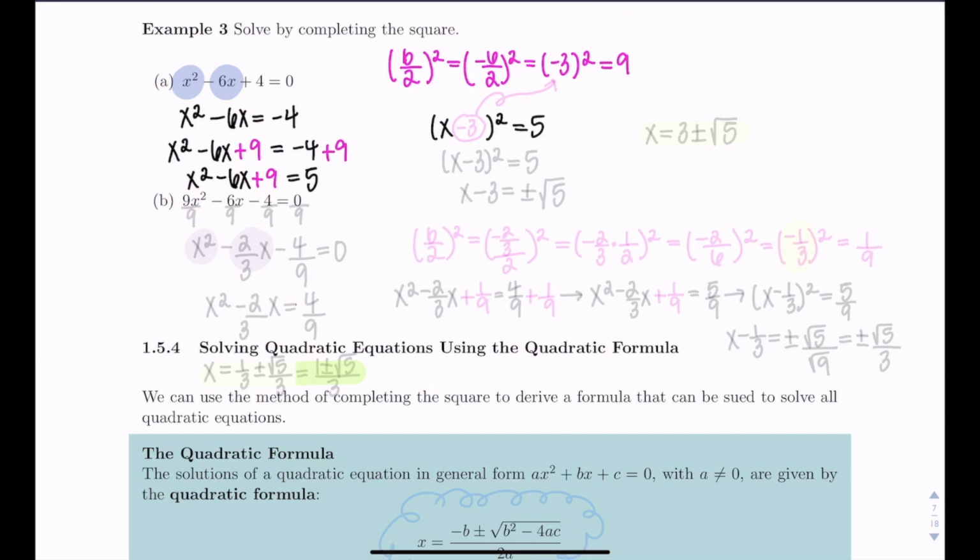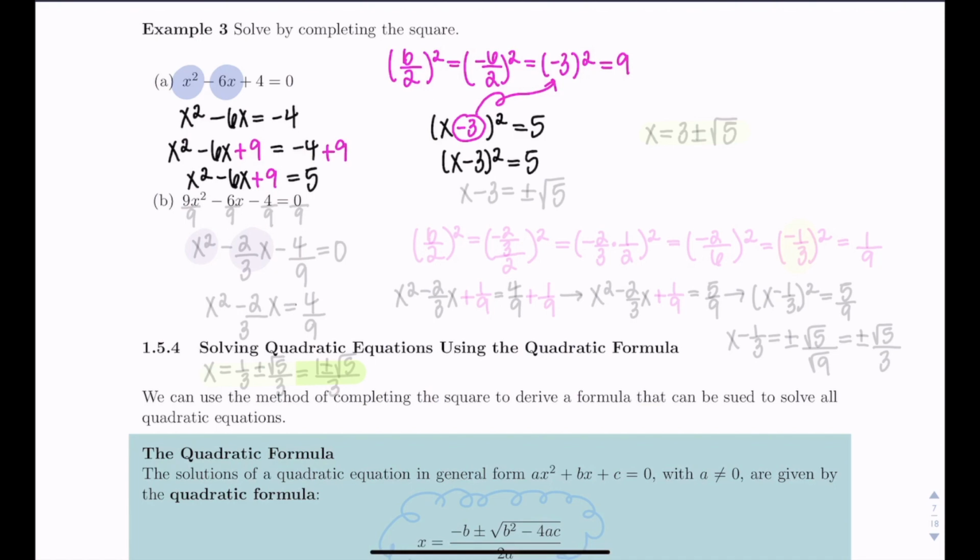And the term that goes in here is actually the term that you found before squaring it. So in this case is -3. So what we have is x minus 3 squared is equal to 5.